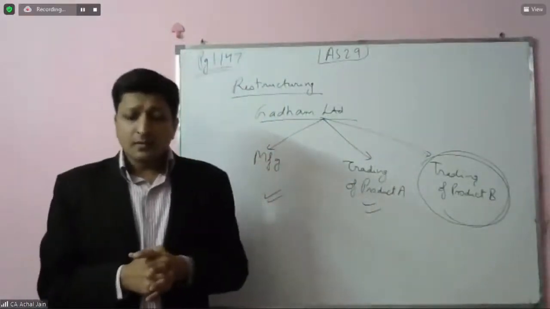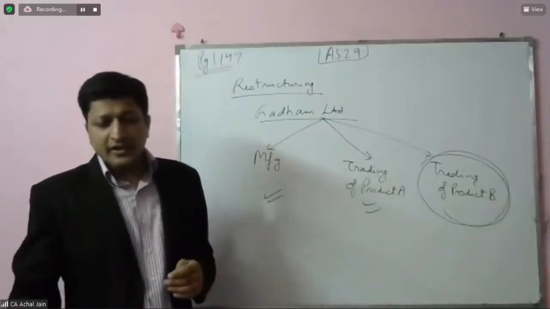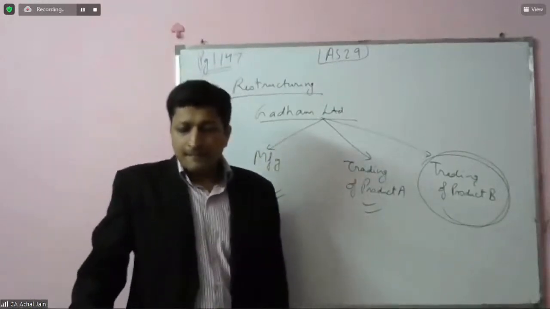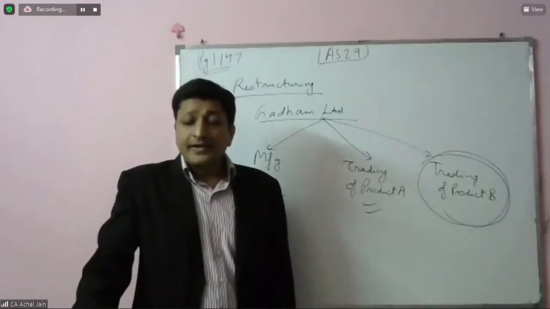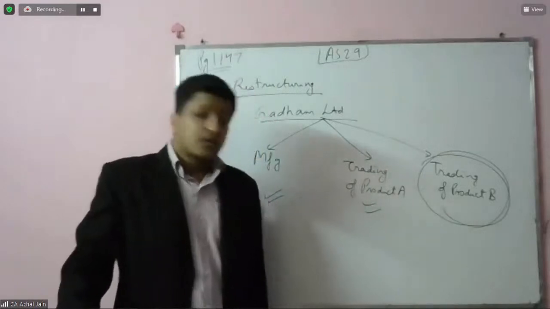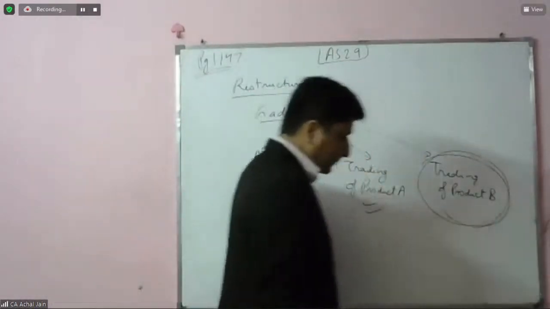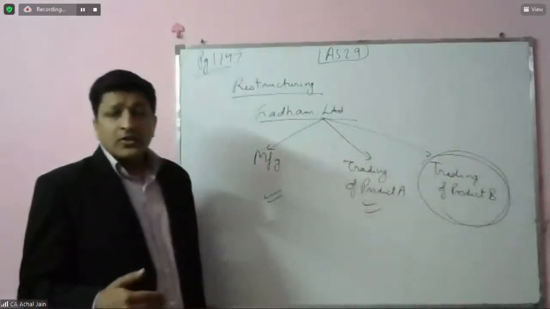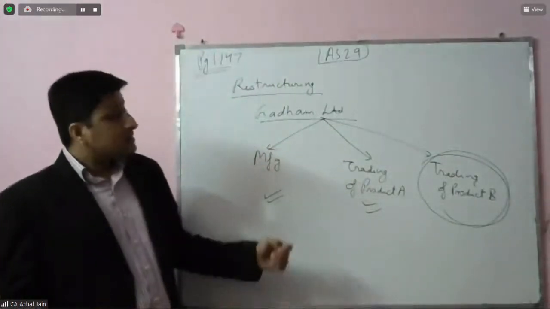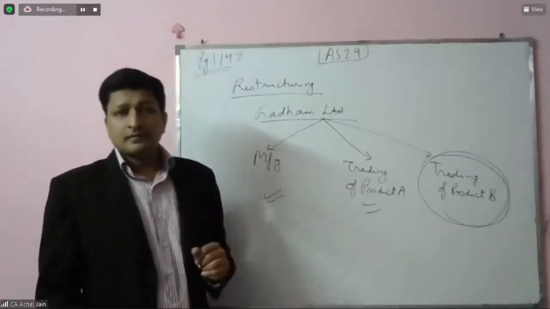But some of the costs which are not included as restructuring provision include retraining or relocating contingent staff. So if there is contingent staff, some of the staff members may have to be relocated.